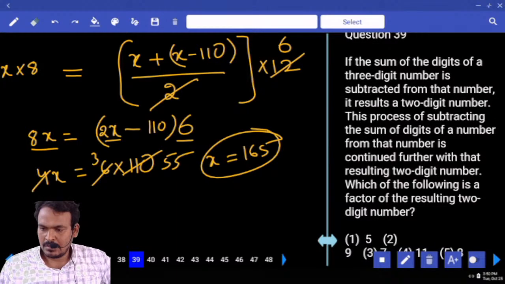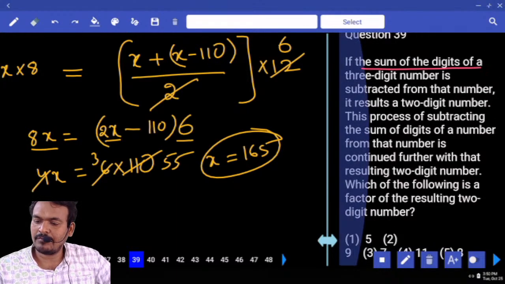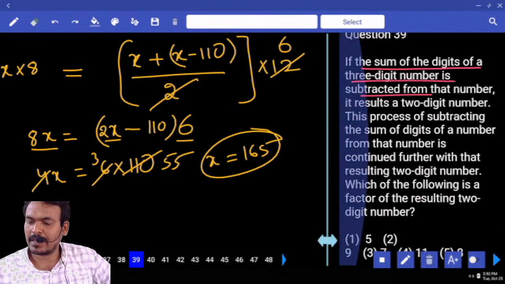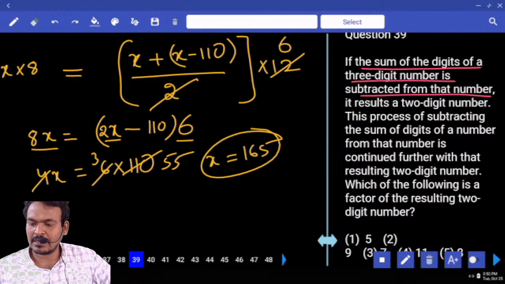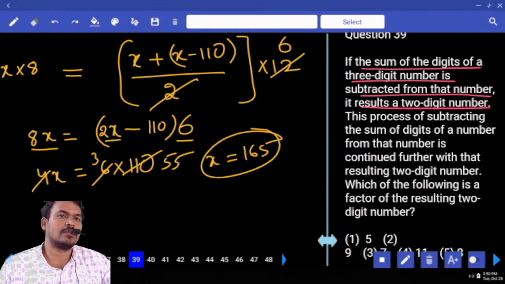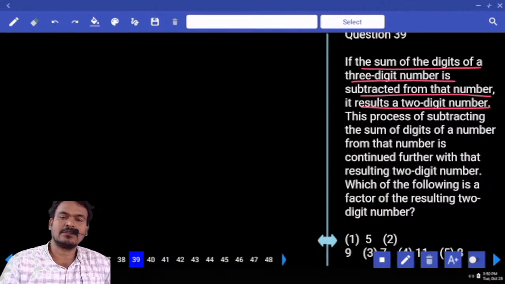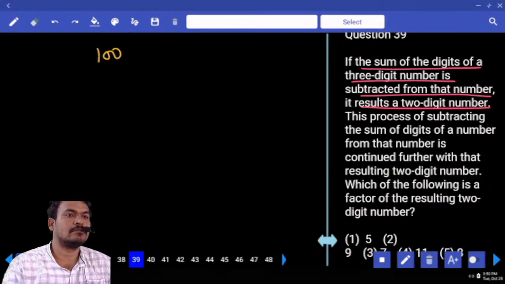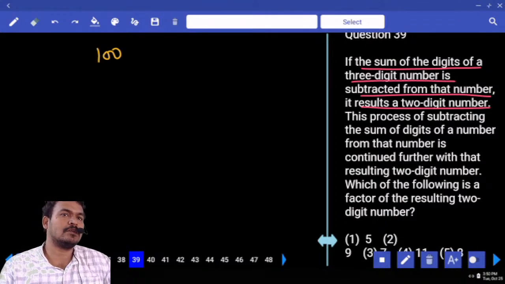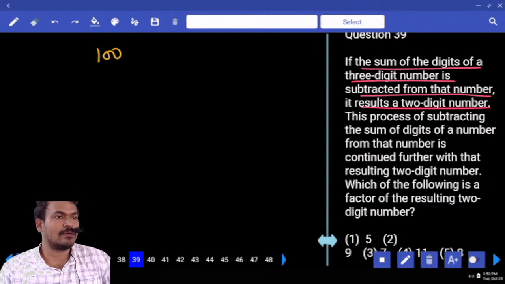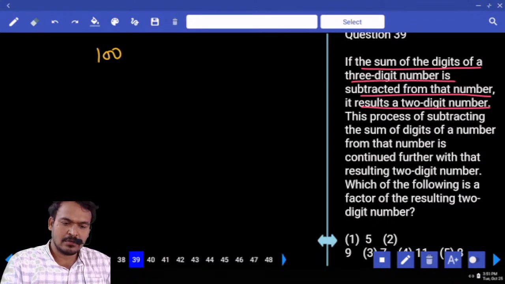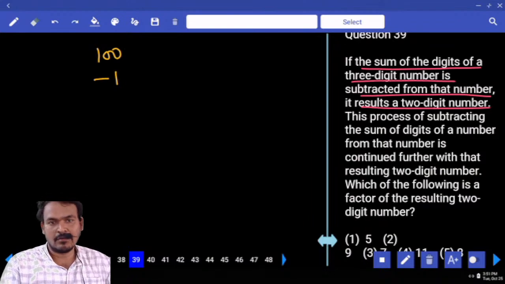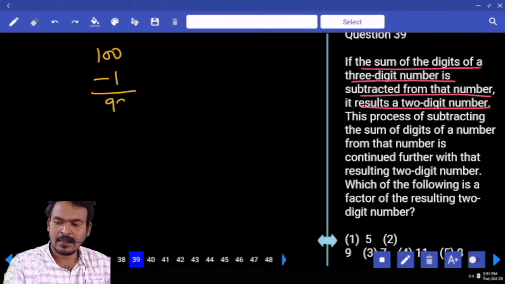What is the smallest 3 digits number? 100, or not? What is the sum of the digits of 100? 1. Subtract 1.